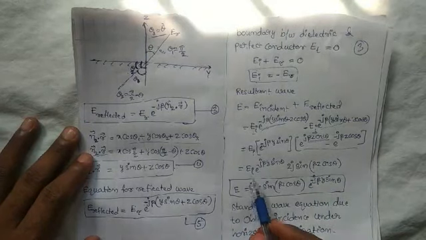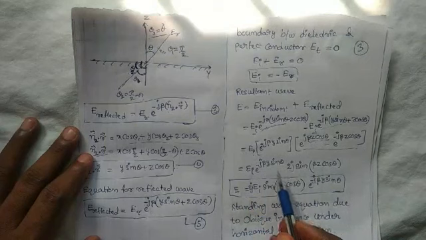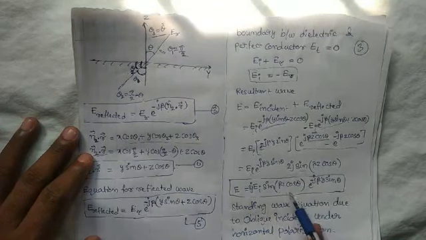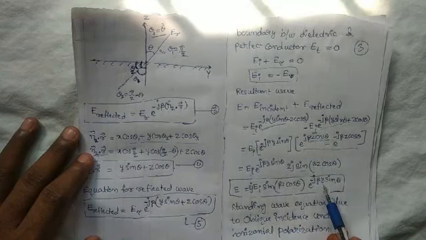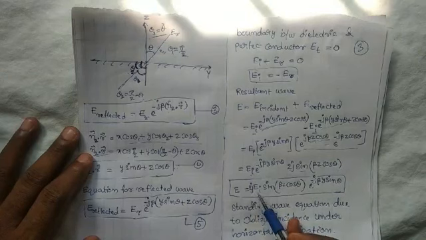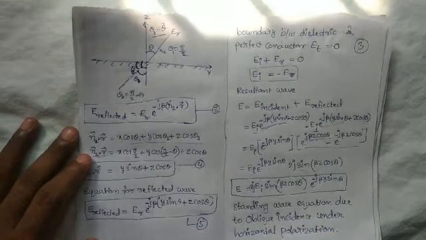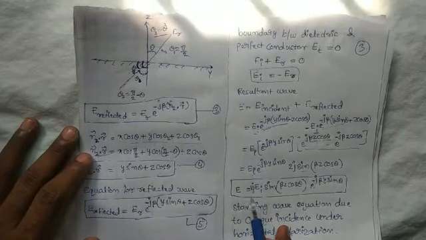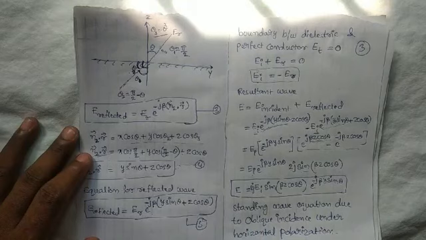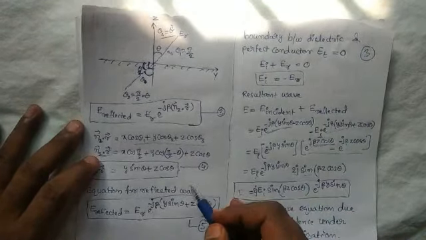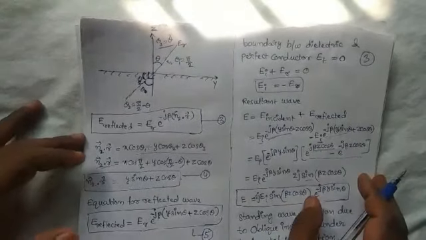Here E is equal to 2j EI sin beta z cos theta into e power minus j beta y sin theta. Here this is the standing wave equation for horizontal polarization.